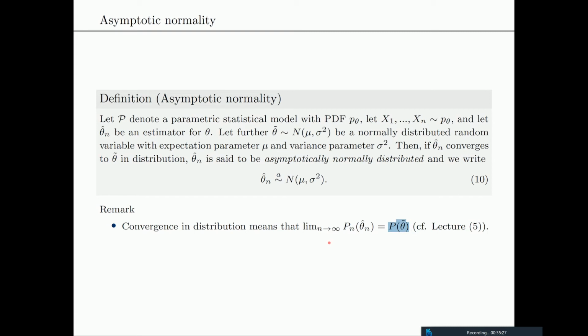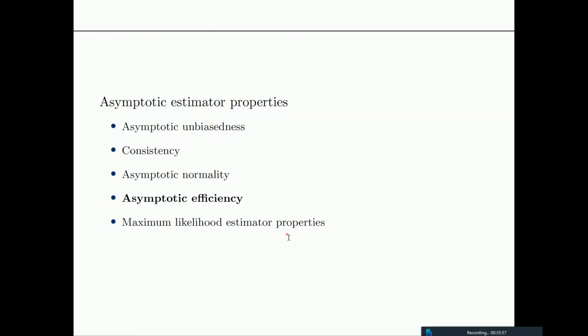If we later see an implementation of the central limit theorem, I think that's one exercise for today, we should also see a picture of how this looks in terms of the CDF convergence. Oops, there's nothing else on asymptotic normality. So it's about the distribution of an estimator that for large samples becomes normally distributed.